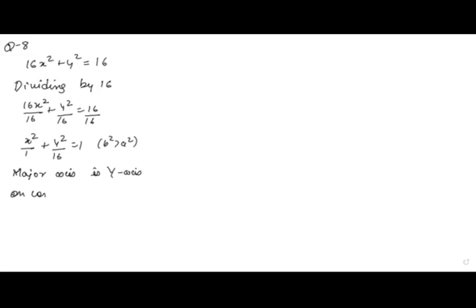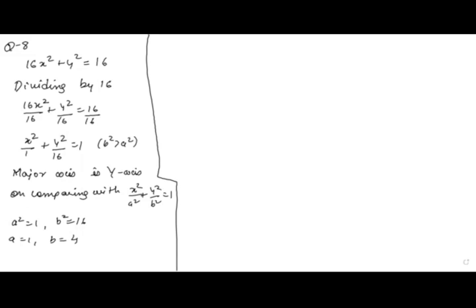On comparing with x square by a square plus y square by b square is equal to 1, the value of a square is 1, whereas b square is 16. Value of a is 1 and b is 4. We'll try to find the value of eccentricity using the formula a square is equal to b square into 1 minus e square.